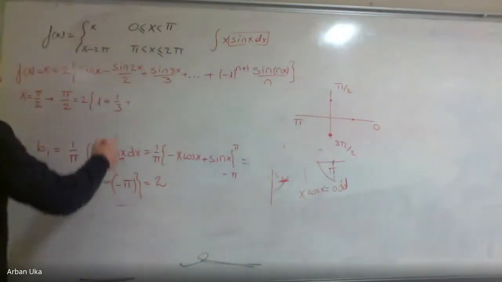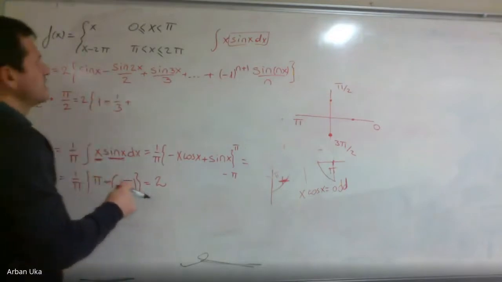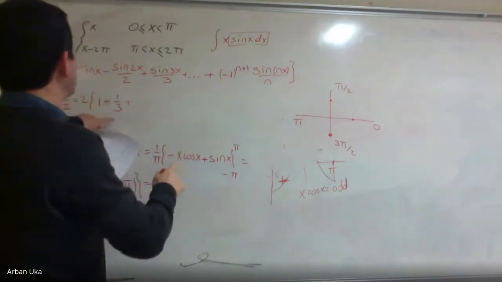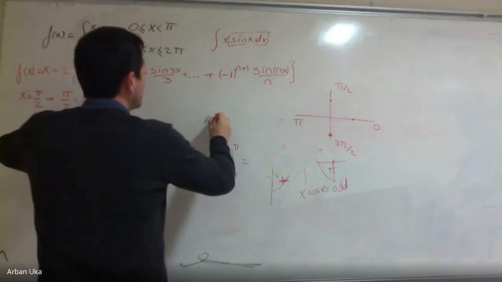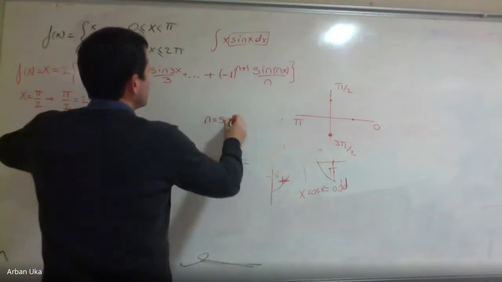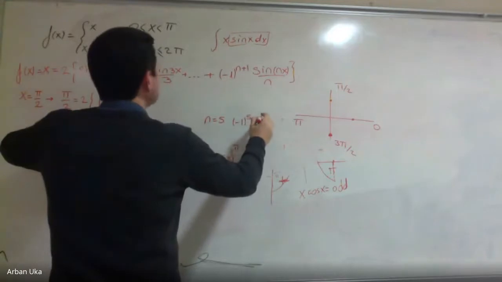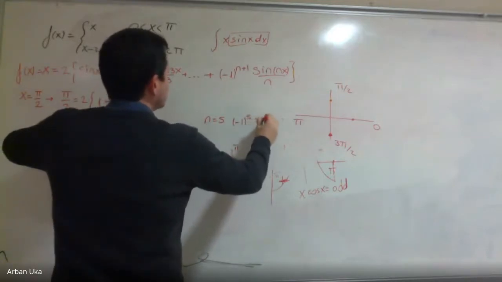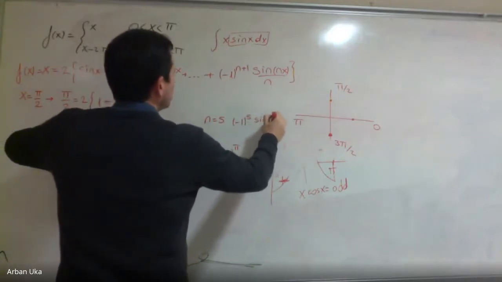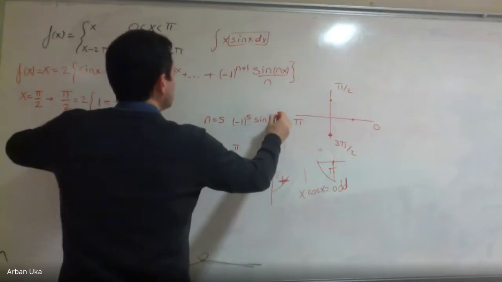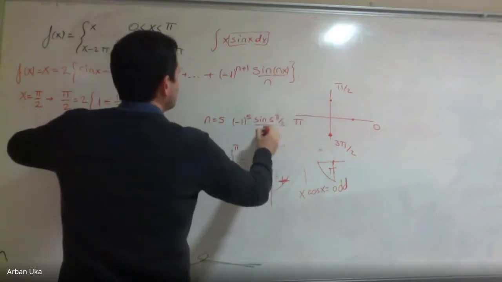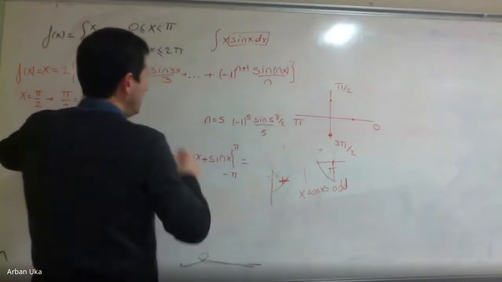And let's see what the next term is. This is n equal to 3. When we set n equal to 5, we get here minus 1 to the power 5 sine of 5 pi over 2, divided by 5.